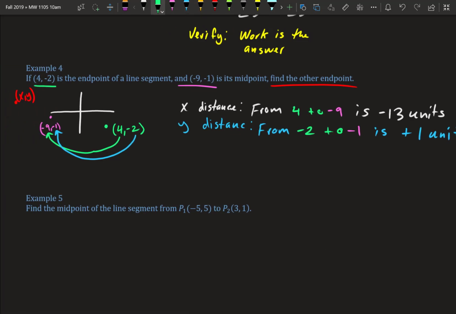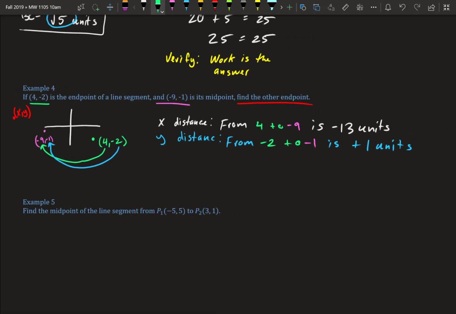So that means for the x's, from here to here, we went -13. And for our y's, we went +1. So if it's equidistant, that means from here to here, another -13, and from here to here, another +1. So if we did -9 minus 13, my bad, wrong color.